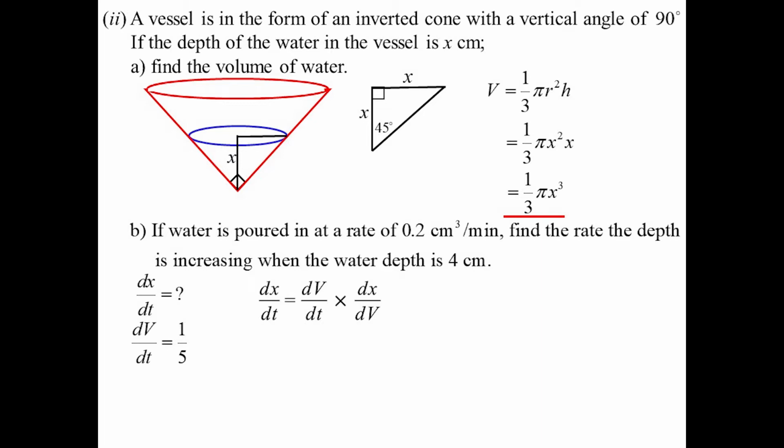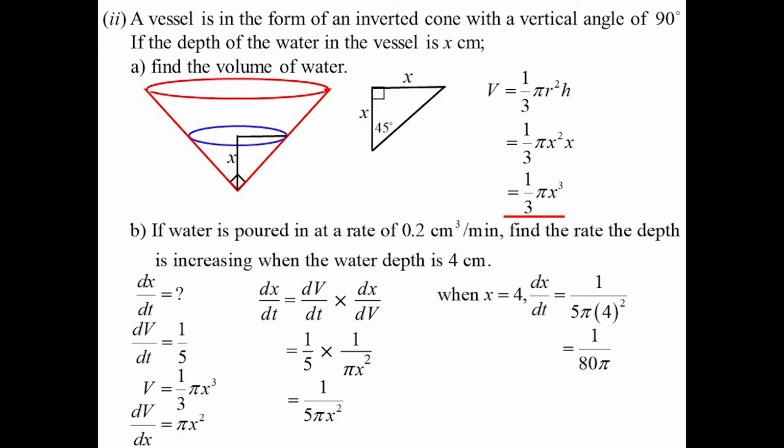So it looks like the link I want is between volume and x, which we just worked out in part A. If I differentiate part A, I'll get dV/dx is pi x squared. So sub that all in, and we now have an expression for the rate of change of the depth.